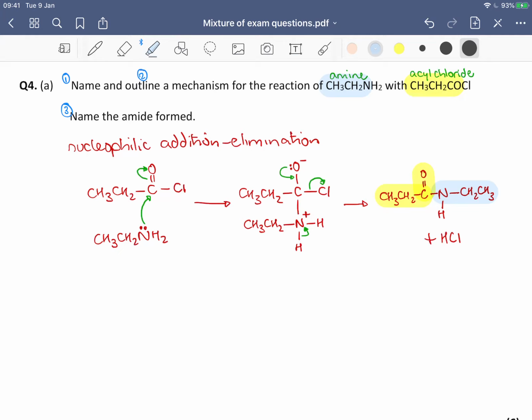In amides, the bit with the amide part of the name is again also the carbonyl group. So there are 3 carbons in that carbonyl group. So 1, 2, 3. So it's going to be prop. It's all fully saturated. So propan. So the last part of the name is going to be propanamide.